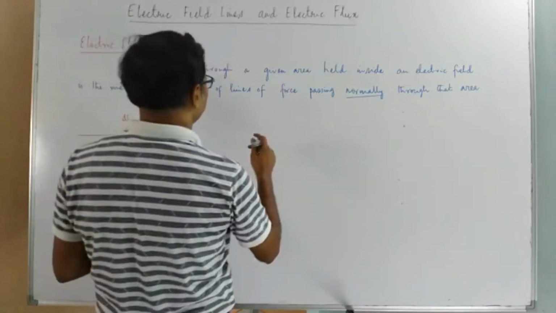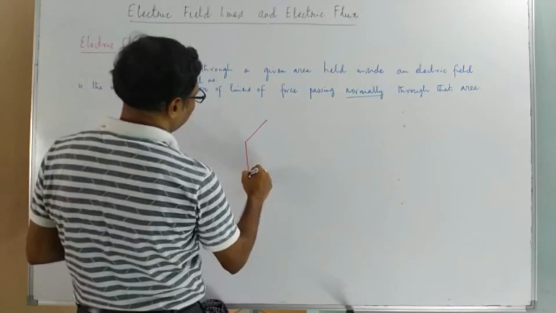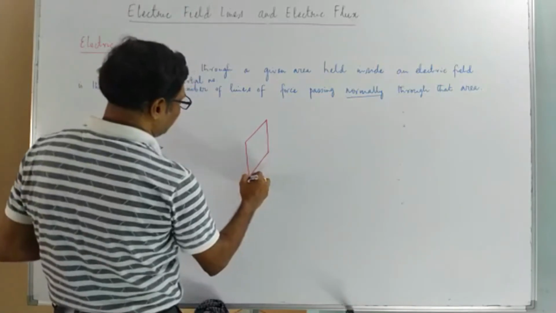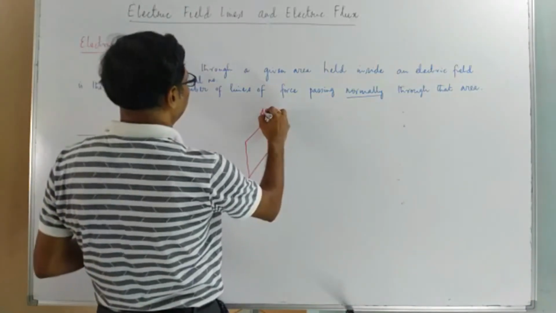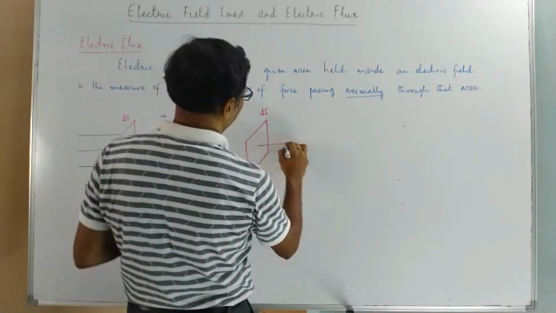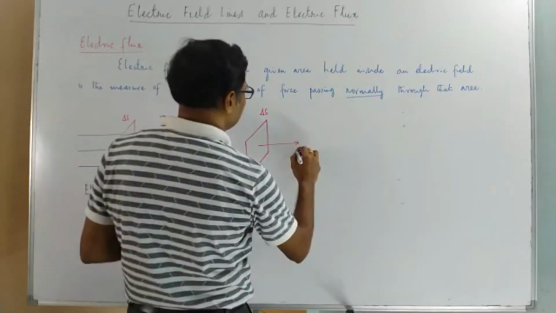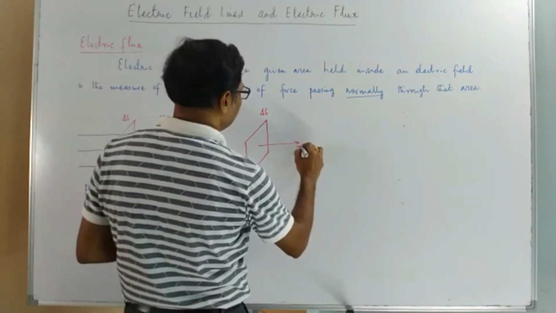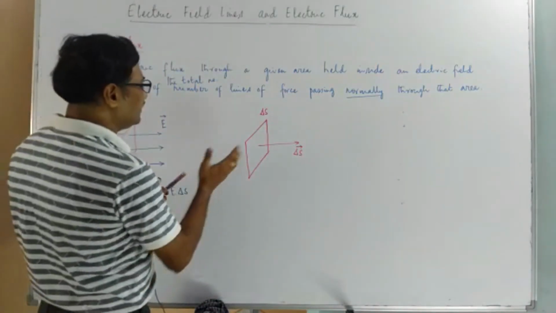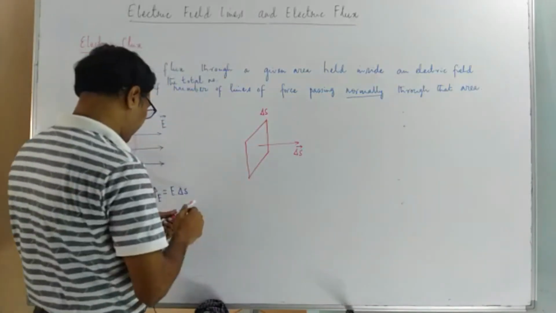We are considering another situation. Here also I am considering an area element delta S, and in this case you can see this is the direction of the area vector. Area vector is always directed along the outward normal to the plane of the surface.